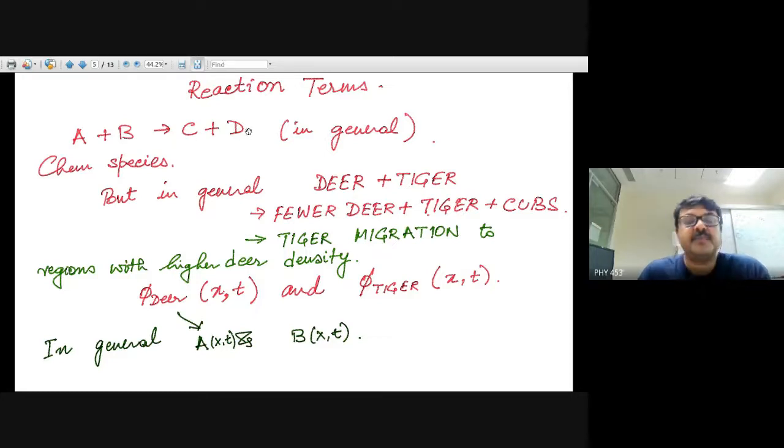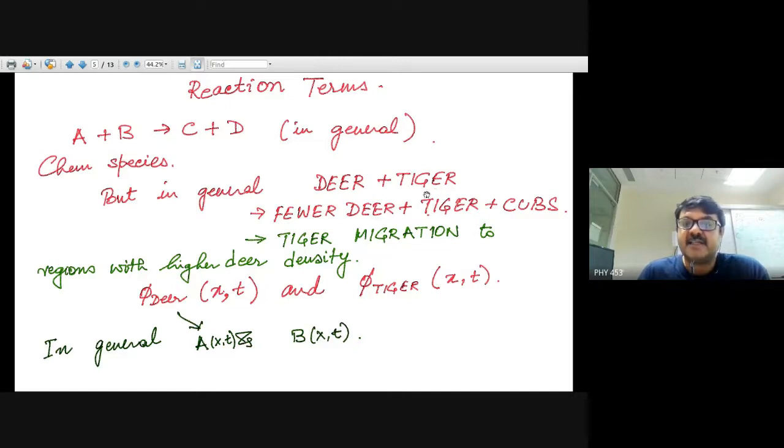On the other hand, you can look at reaction terms from a broader perspective. Suppose over a forest, so that's a function of x, y, z, or maybe x and y if it's on the surface of the earth, A could represent the concentration of deer, and B could represent the concentration of tigers.